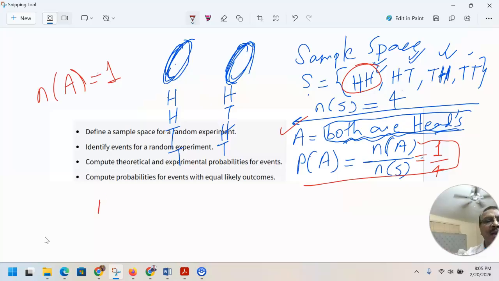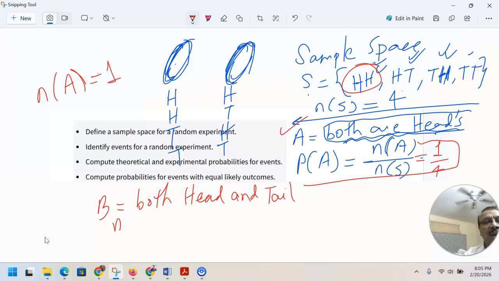I can create another event B, saying that both head and tail show up. What that basically means is I can write this sample space as head and tail. The first one could be head and the second one tail, or the first one is tail and the second head.